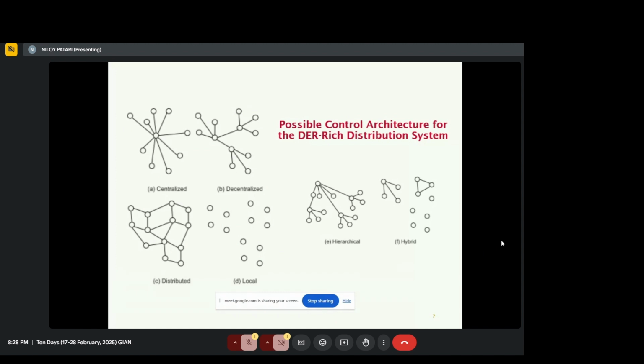If any one of the communication channels fails between one agent and the ADMS, then the ADMS may not be able to come up with a solution, right? So that is a disadvantage of centralized solutions.